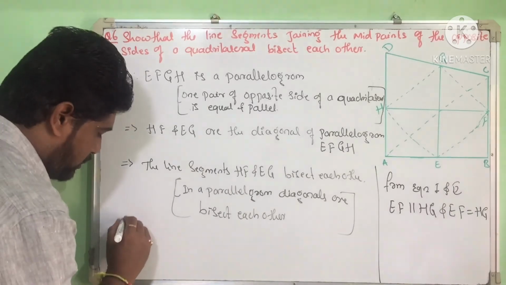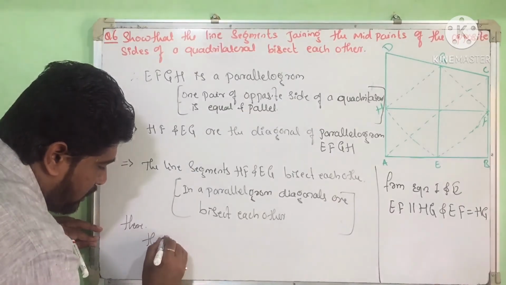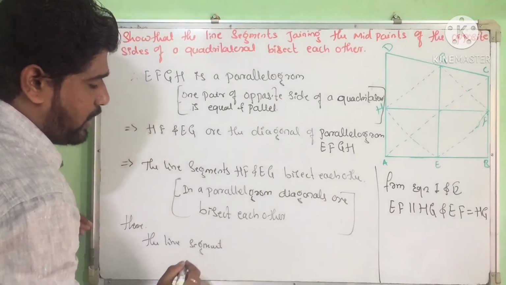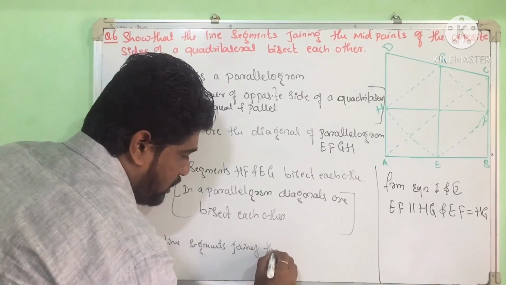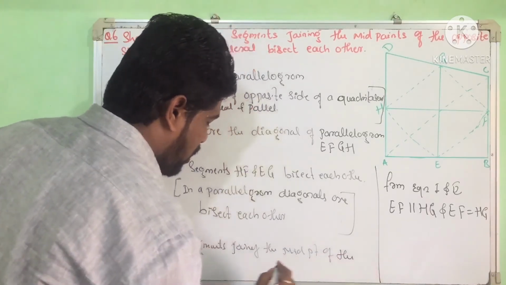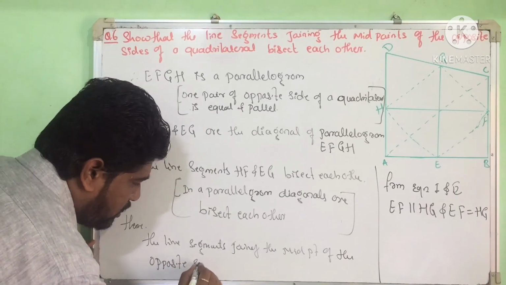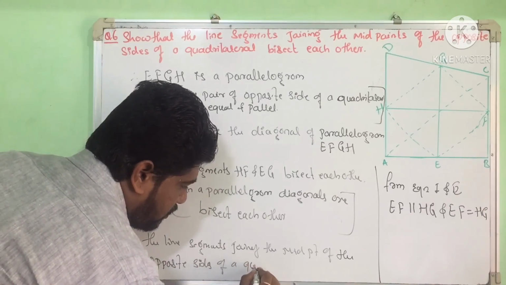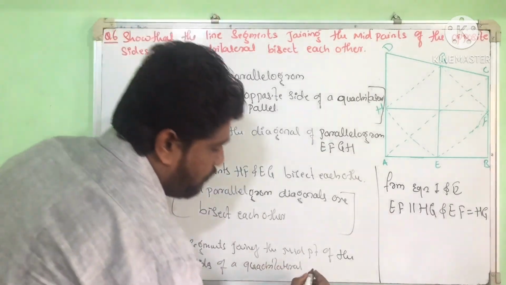So hence the line segments joining the midpoints of the opposite sides of a quadrilateral bisect each other.